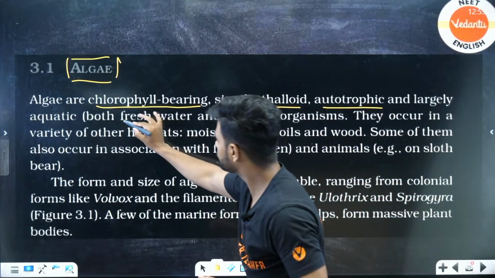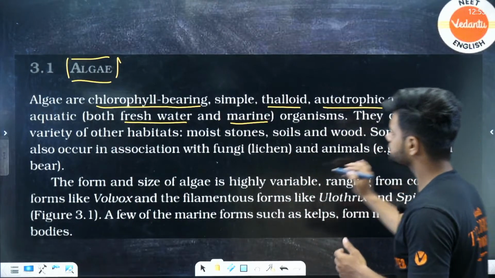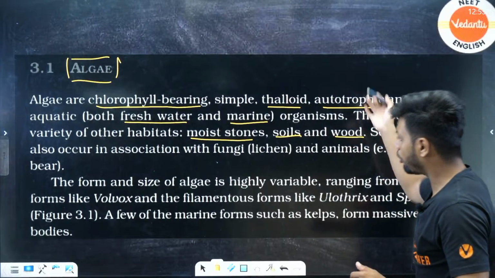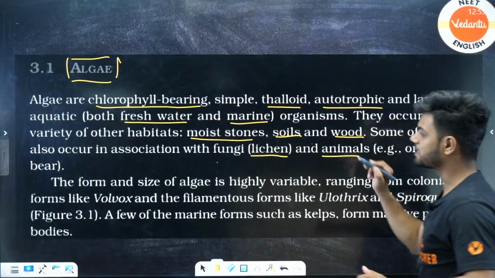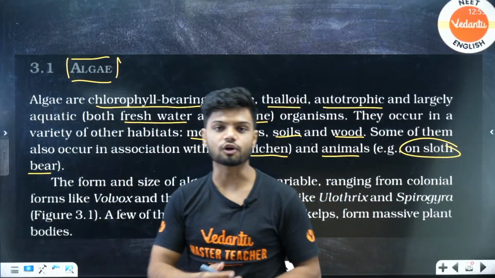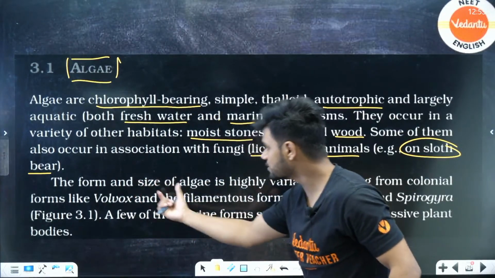We learned that it is freshwater or marine, or it can also be found on your moist stones, soil, wood, also in symbiotic relationship, and also on certain animals such as your sloth bear. Every line of NCERT I am covering for you, right? Then we have different shape and size.